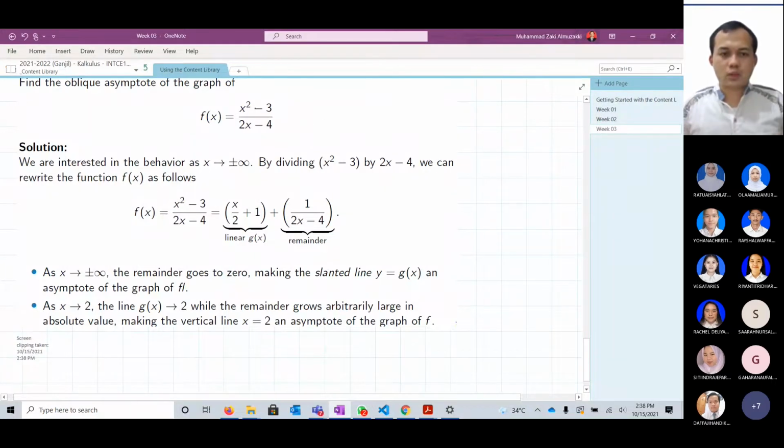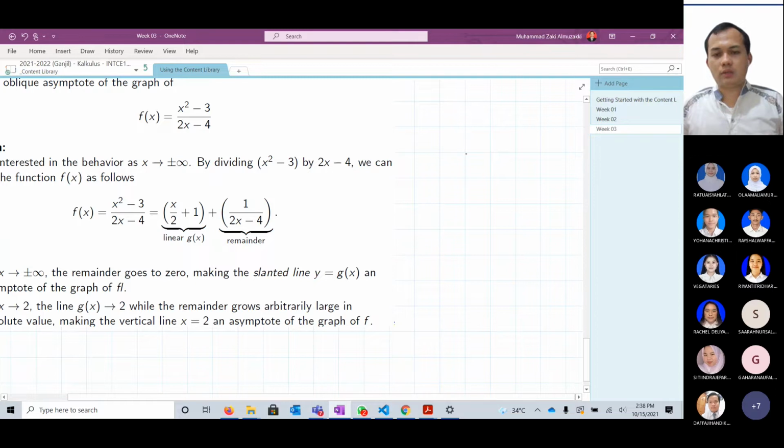We divide x squared minus 3 by 2x minus 4. So how to divide it? We have x squared minus 3 divided by 2x minus 4. First we divide x squared by 2x minus 4.